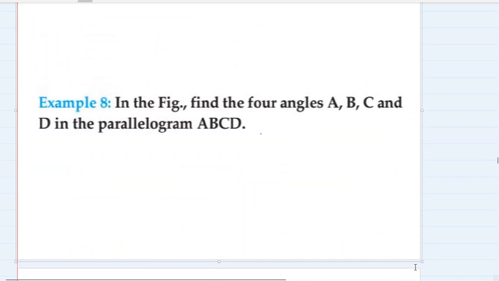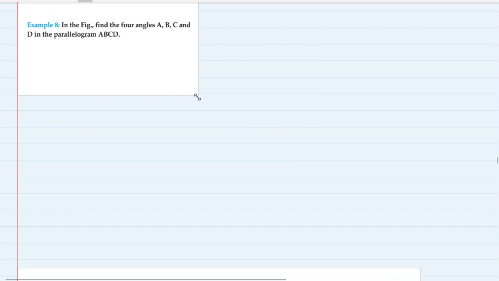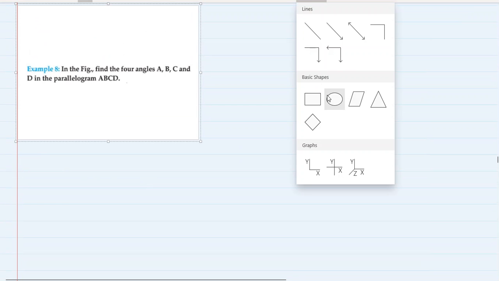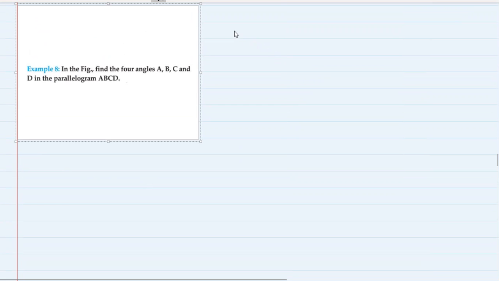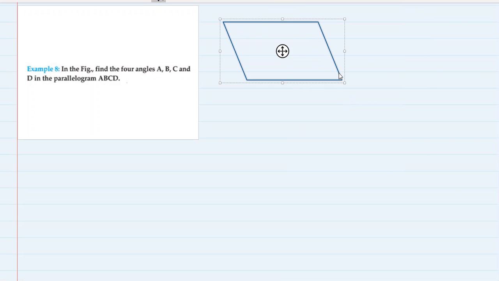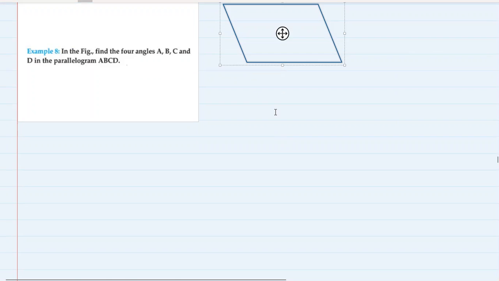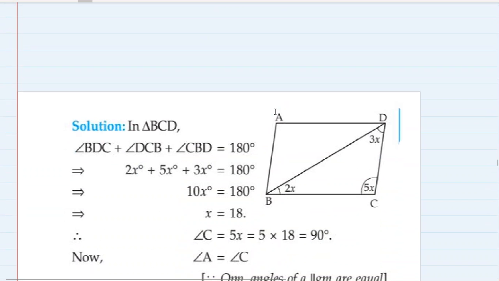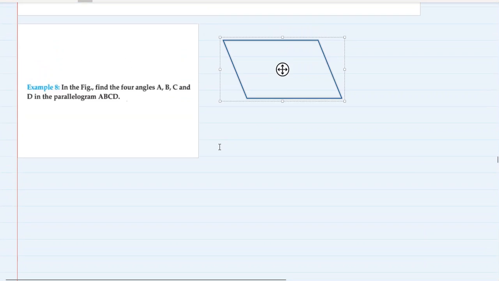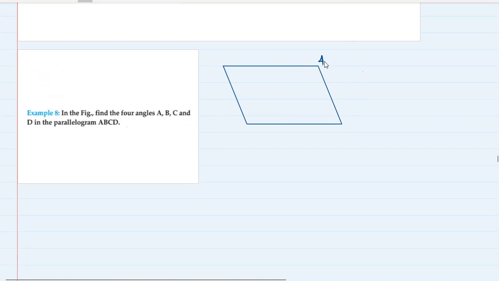Okay, so there is a figure over here. I need to draw the same figure and need to find the angles A, B, C, D in parallelogram. Let me just draw a parallelogram first. Let's draw like this: A, B, C, D and join BD.